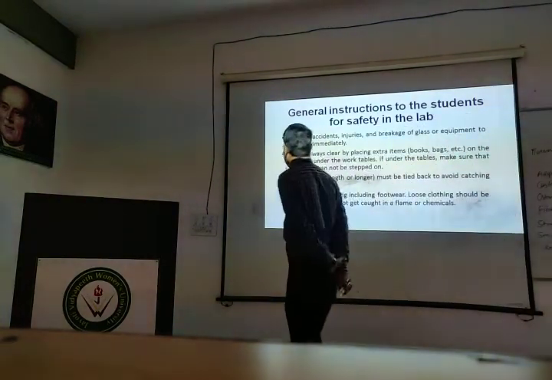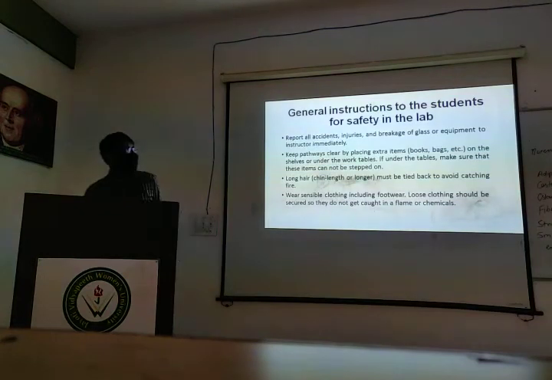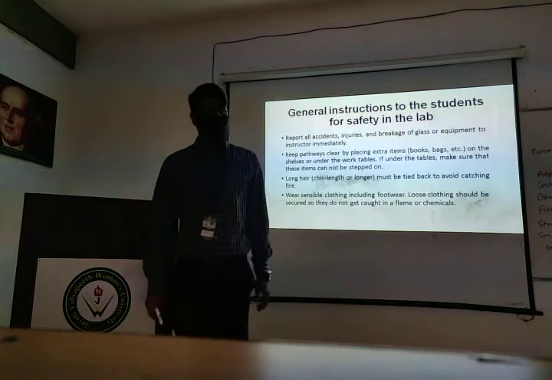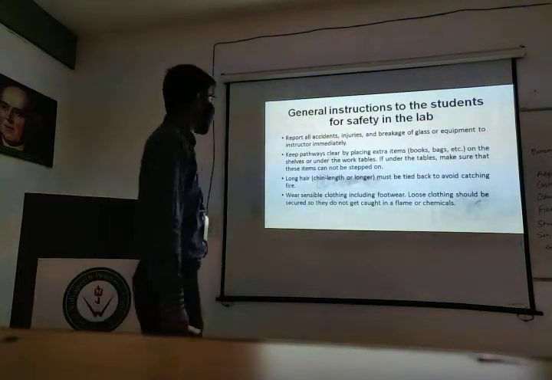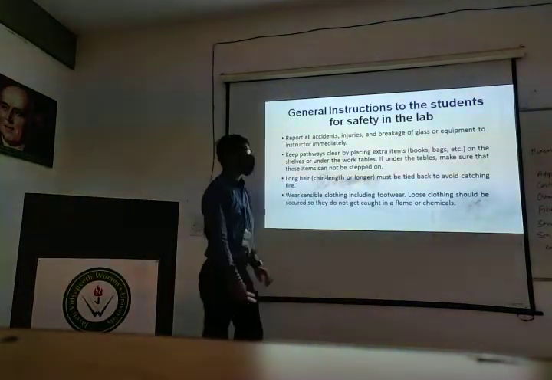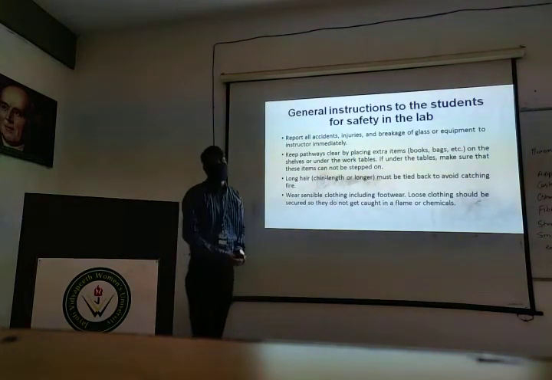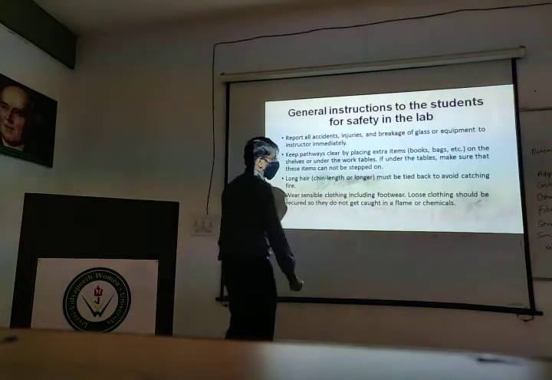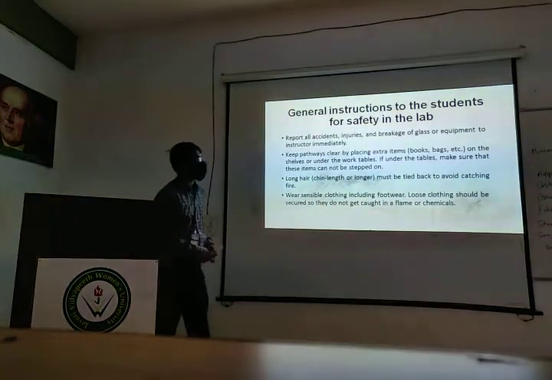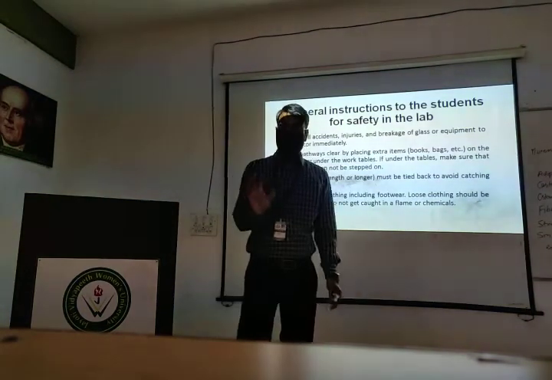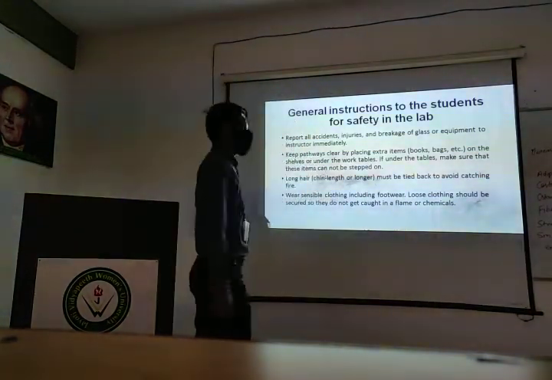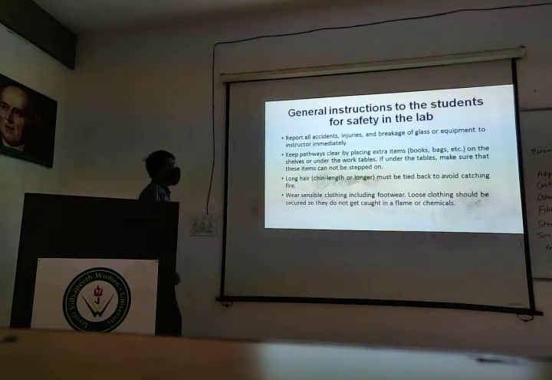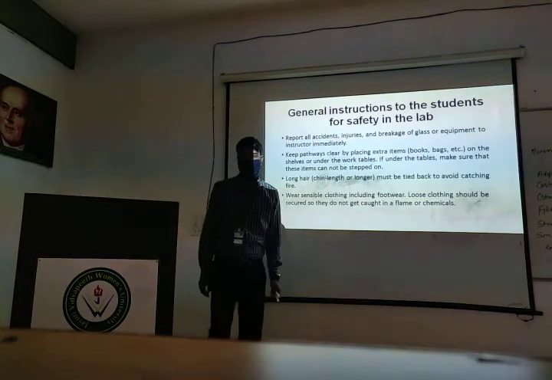As soon as there is any accident or injury to a person or student or any breakage of glass or equipment, we have to immediately report it to the instructor, either the lab attendant, the professor or the laboratory teacher. As soon as there is breakage of glass or any injury by any chemical or acid, any kind of injury must be reported as soon as it happens.